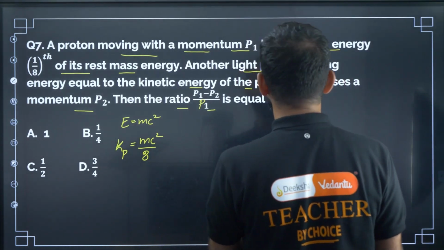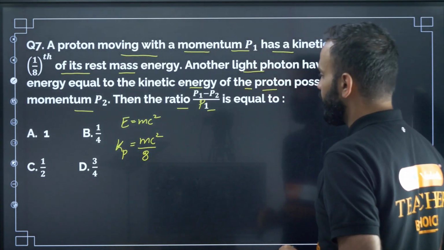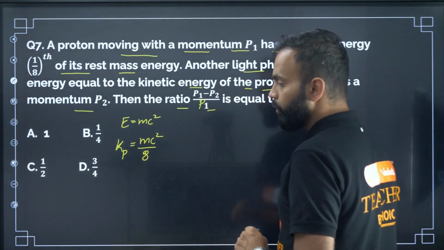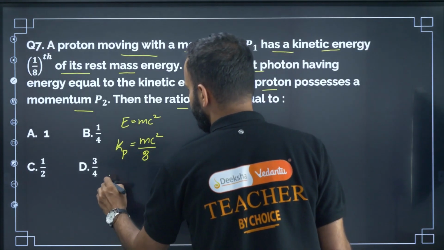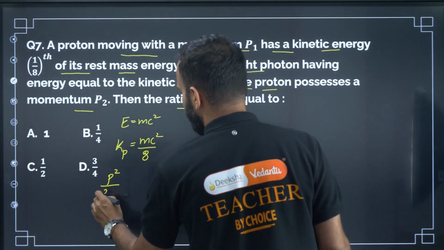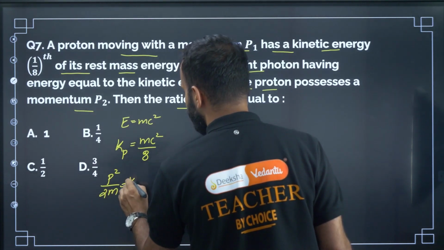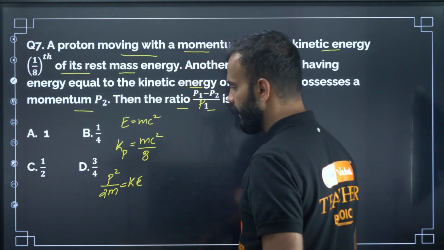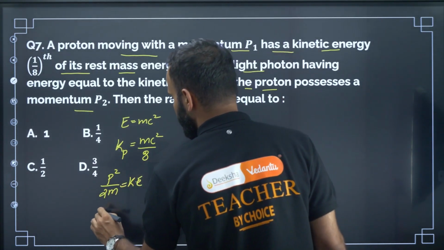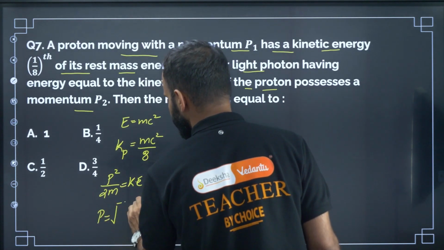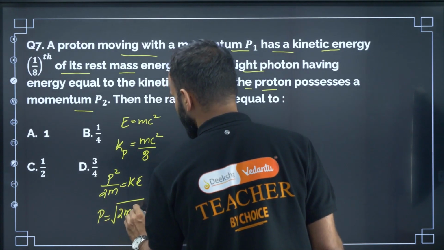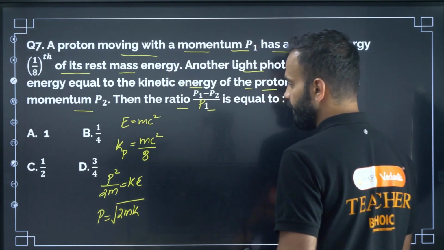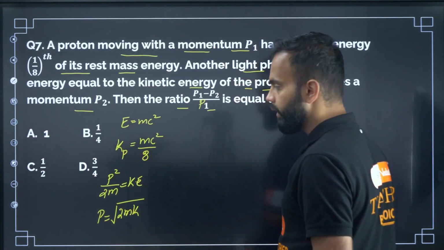So let us find P1. We know that P square by 2m is kinetic energy K, so P equals root of 2mK. What is K? mc square by 8.